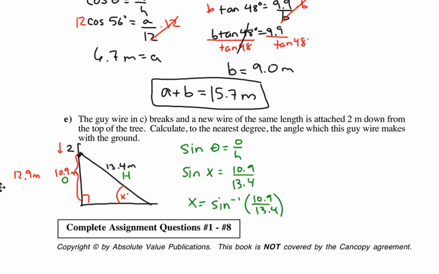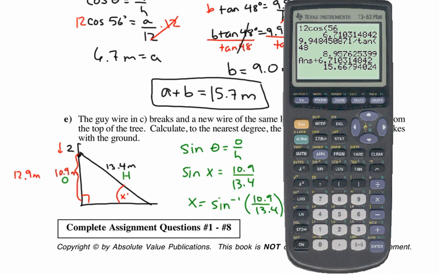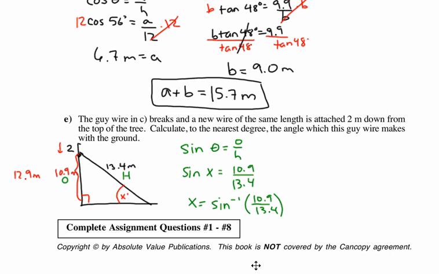So grabbing our calculators, second sine, and we're going to the nearest degree. It's better if I use my exact values here, but I'm just going to use these. And the nearest degree is 54 degrees. So that 48 becomes now a 54. It was attached 2 meters down instead. All right, that's it for this lesson.